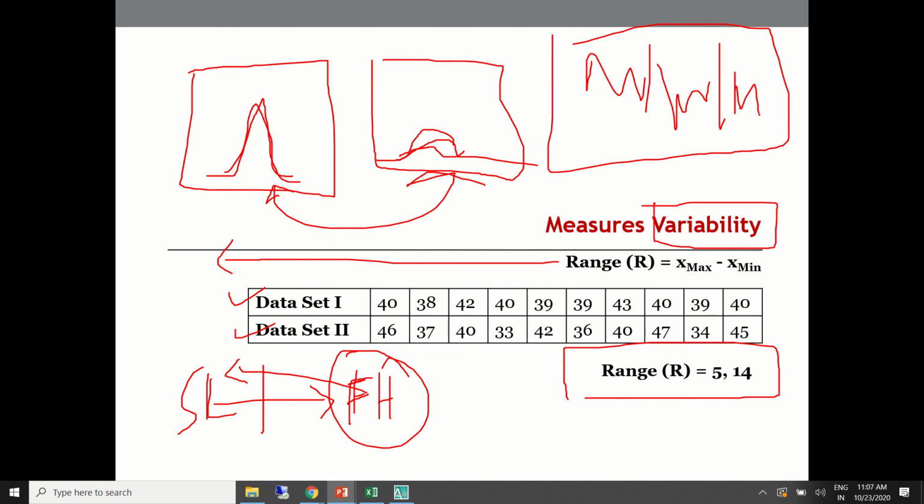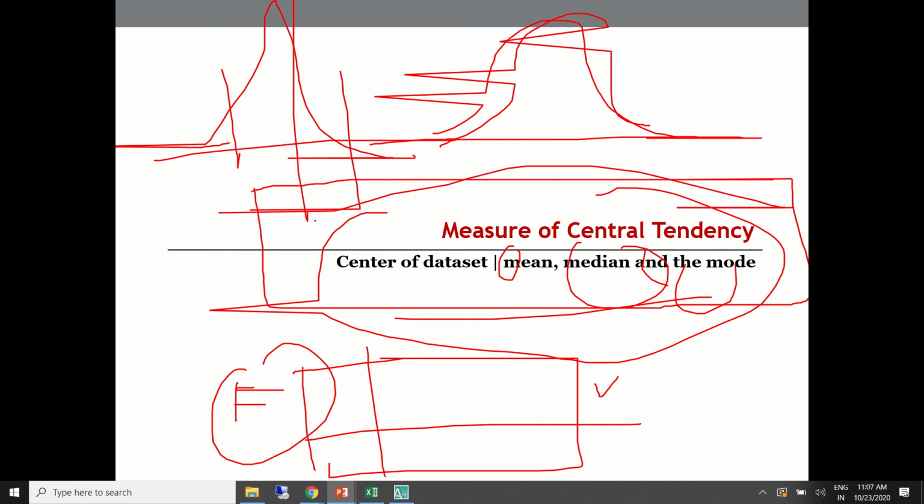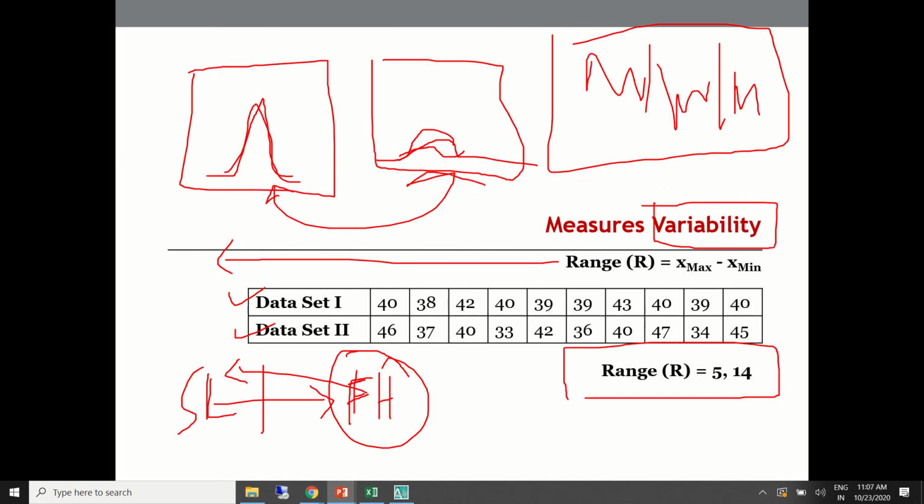After that, what do mean, median and mode represent? They represent the central tendency, where the concentration of the data occurs and how it is spread across the data set. Then we also talked about the variability within the data set.